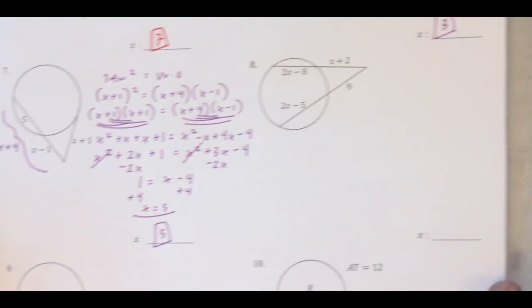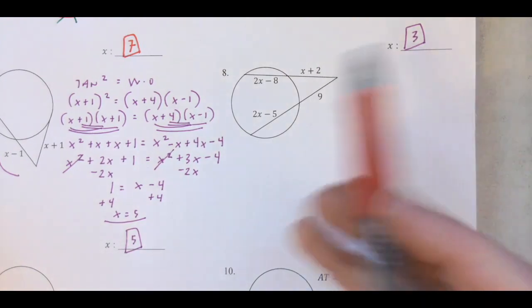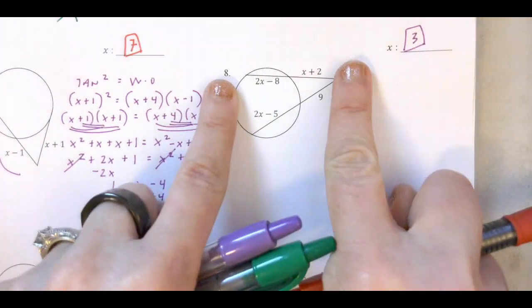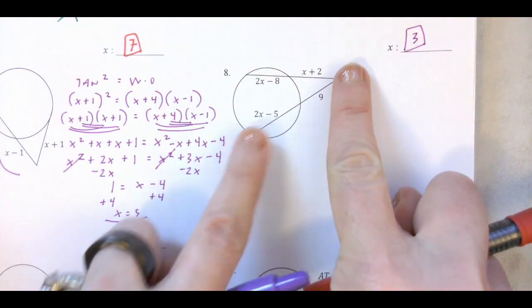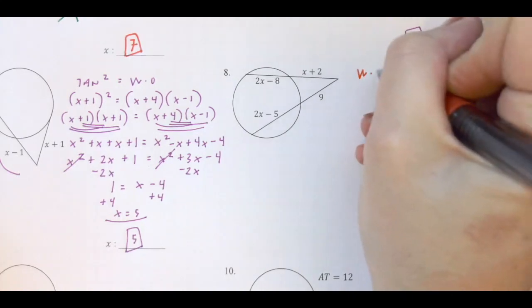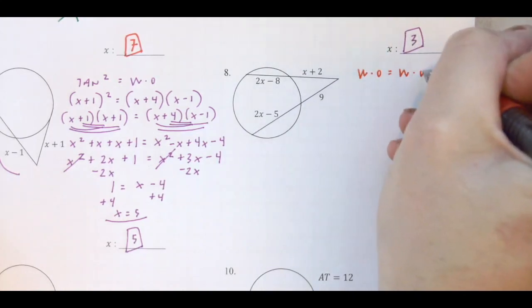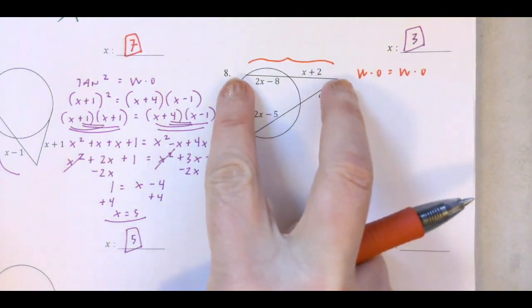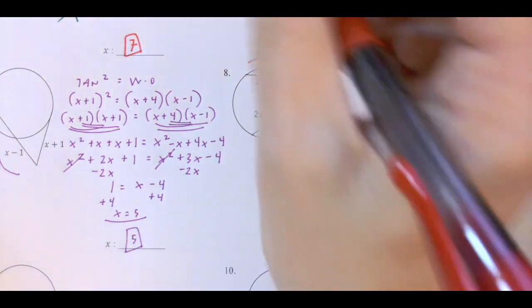Okay, next up, here I see again a secant and a secant. So whole outside, whole outside. So whole times outside equals whole times outside. This whole part, if I add together, I get 3x's and then minus 6.